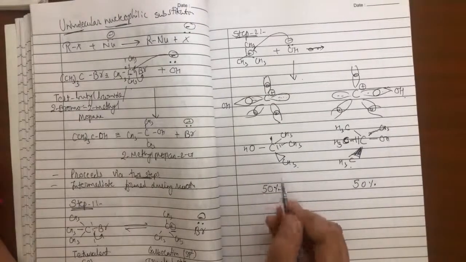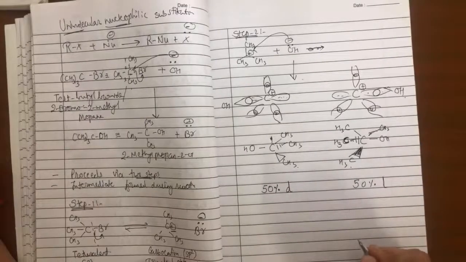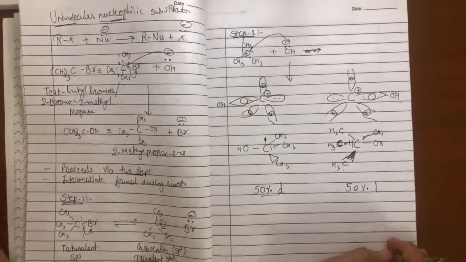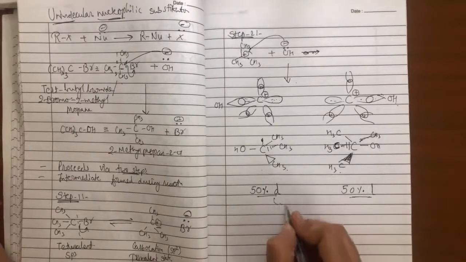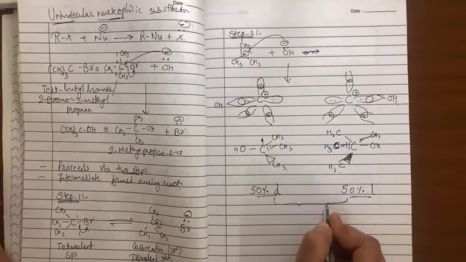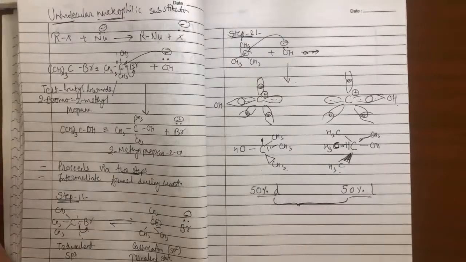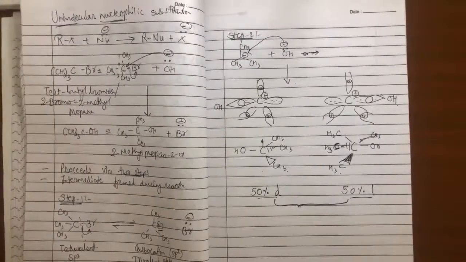So if this is dextrorotatory, then the another one is levorotatory. So in your reaction mixture, you will get 50% of dextroisomer and 50% of levoisomer, and this mixture is known as, write your answer in comment box, mixture where you have 50% dextro compound and 50% levo compound is known as, write in comment box.